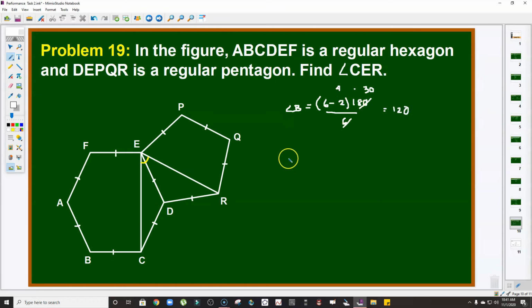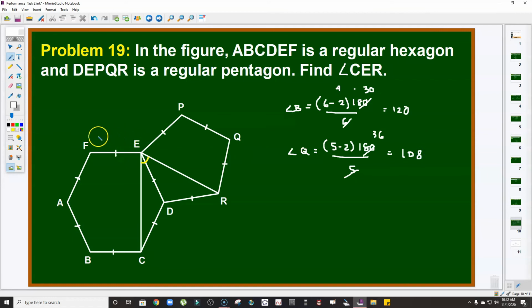Right? So, likewise, yung angle, let's say, angle Q, kunyari, sa regular pentagon. So, I'm going to have 5 minus 2 times 180 over 5. So, this one will become 36, 36 times 3, that's 108.